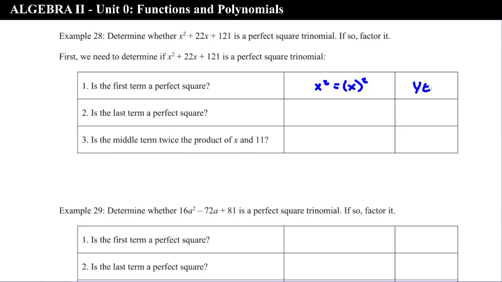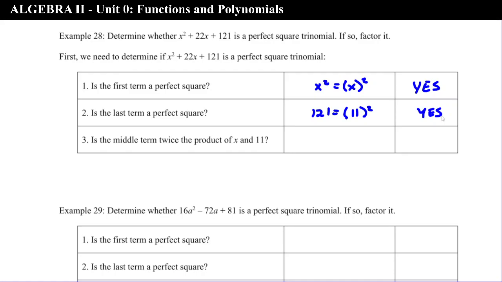All right, is the last term a perfect square? Well, do you remember your times tables? You might recognize 121 as being 11 squared. So yes, the last term is a perfect square because it's 11 squared.